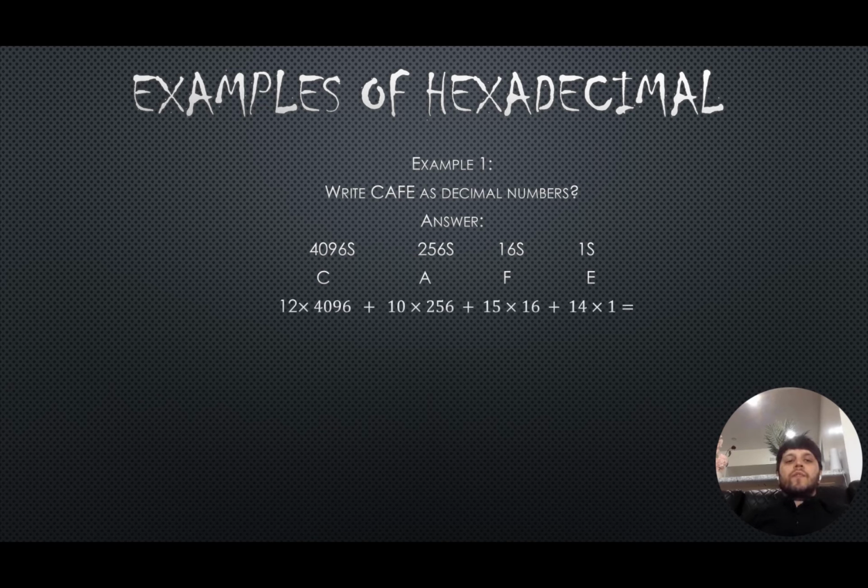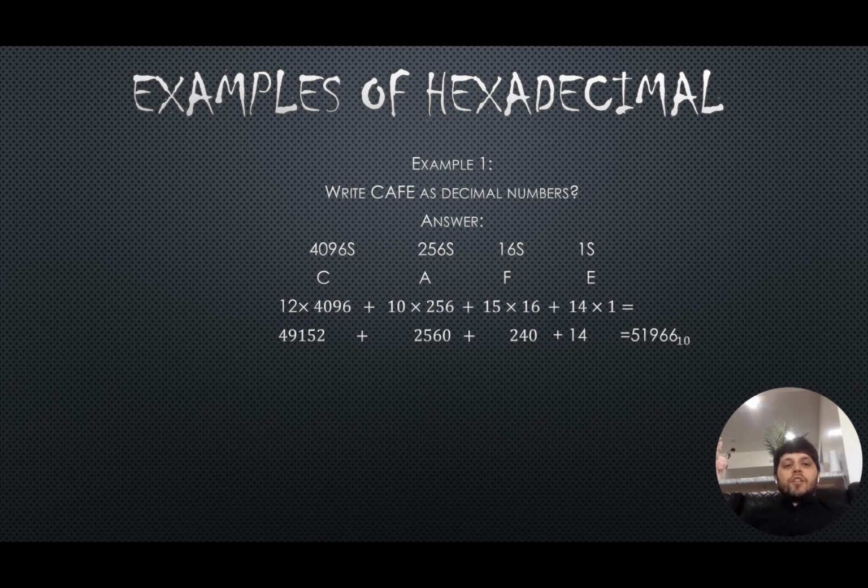So we said C is 12 in the table, and we will be talking about that table next. There is a table that I've posted on this PowerPoint. So 12 times 4096, plus A, which is 10, times 256, plus F, which is 15, times 16, plus E, which is 14, times 1.